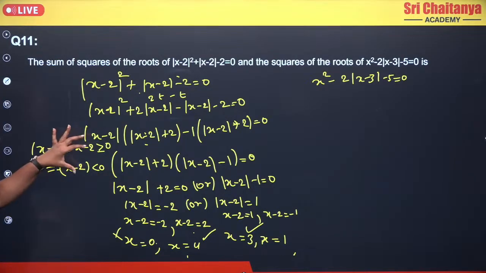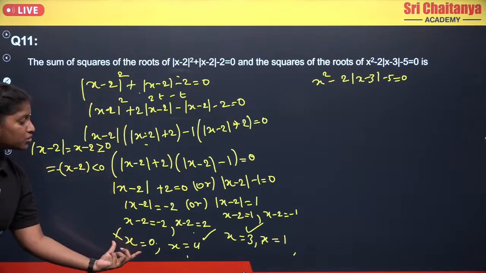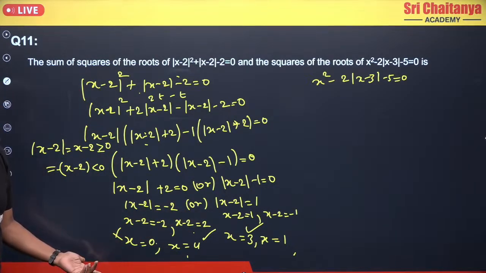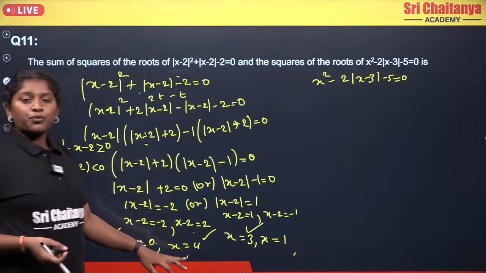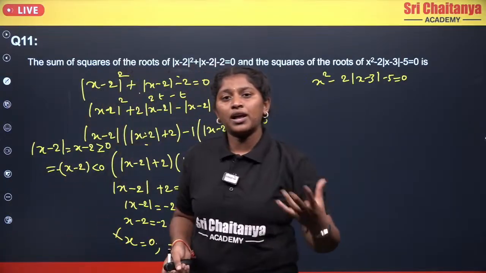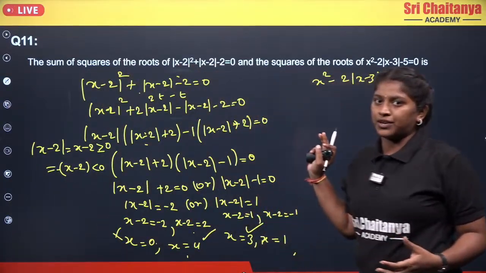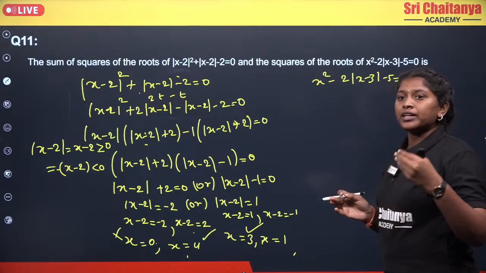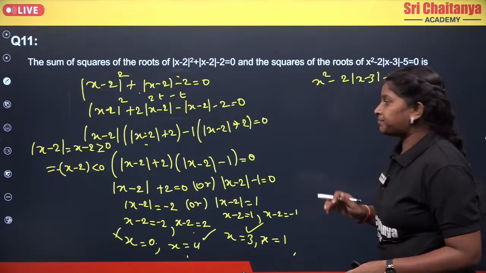You can take these two conditions and keep them in the given equation, and from there also you will get the same 4 values. Okay, but out of those 4 values you have to check for which value the given equation will be satisfied. Then only you are going to take the possible values of your x.